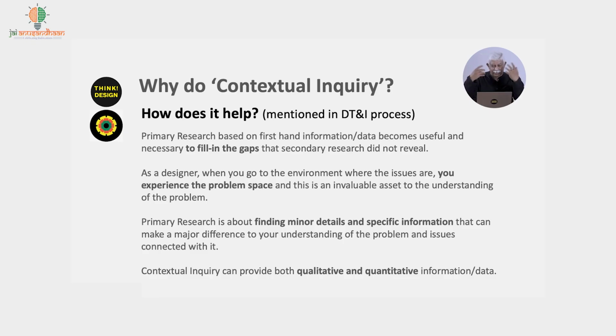And that could be a second brief. You started with an initial brief and then you come to another brief, because now you have the experience of doing both secondary as well as primary research, and then you come out with different alternatives as solutions, pick one of them and go ahead.